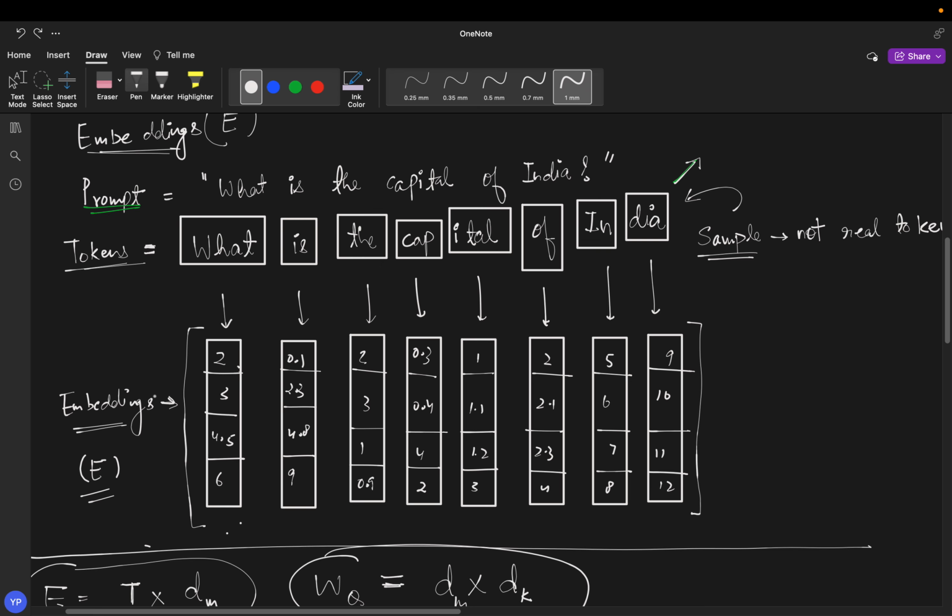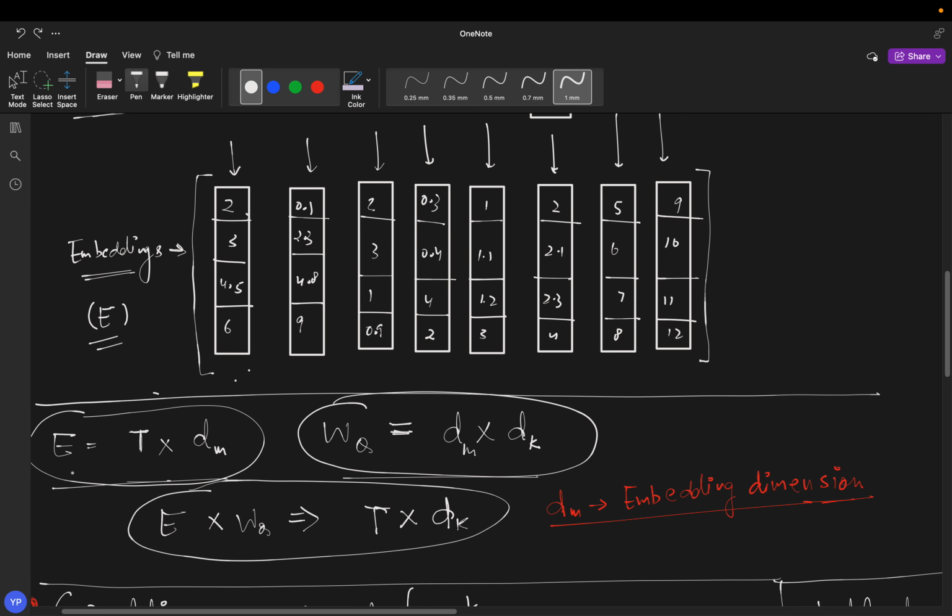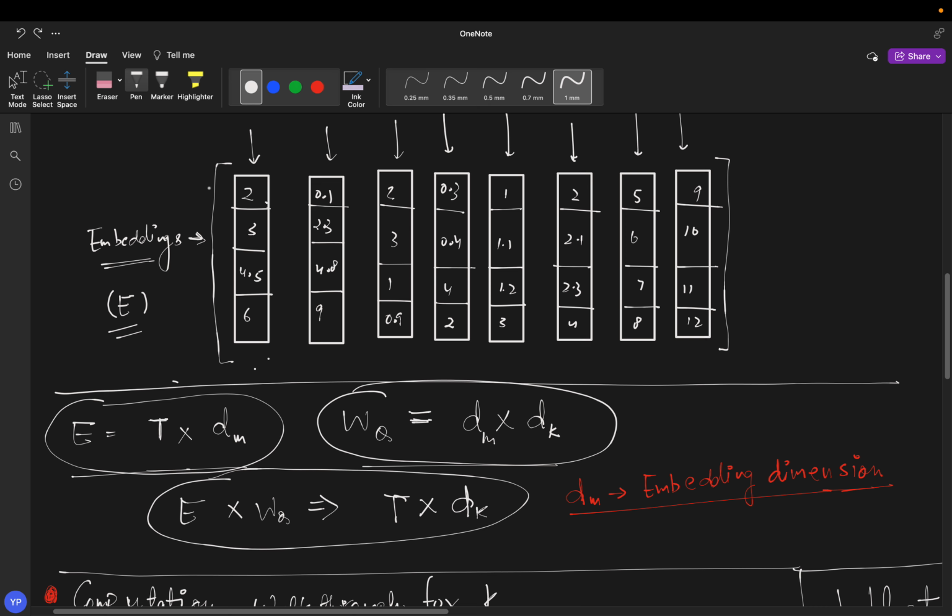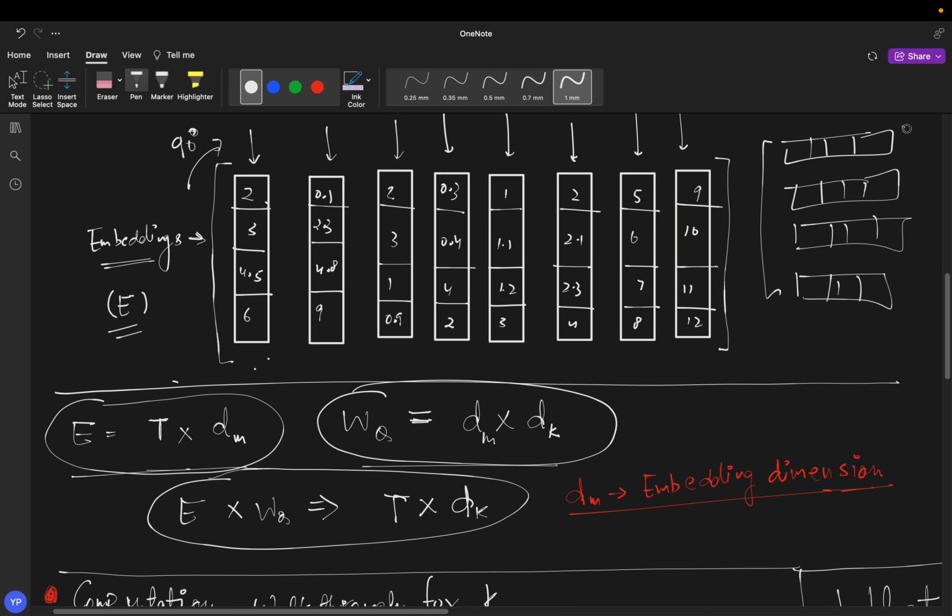So we'll just call it dm with the embeddings. This is one row. Now when we're saying embedding E, we're actually trying to say not just a single row but the whole thing, and the shape of this whole thing is going to be T cross dm. So this is actually going to be rotated by 90 degrees, so it would look something like this, and this is the way the embedding is going to look.